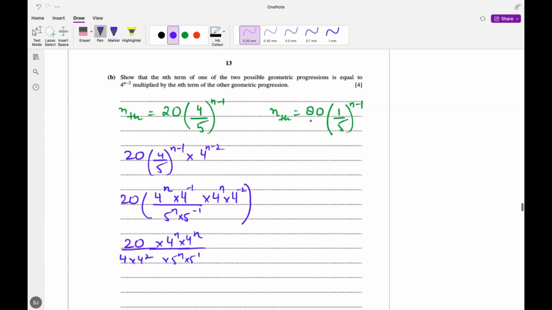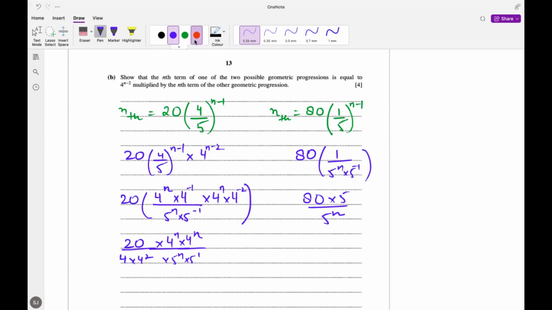Now, for the other term, it would have been 80 upon 5 to the power n into 5 to the power minus 1. Simplifying this, it would have become 80, and bringing 5 to the power minus 1 into the numerator, this would have been 5 upon 5 to the power n. So we can see that these two terms are not equal.